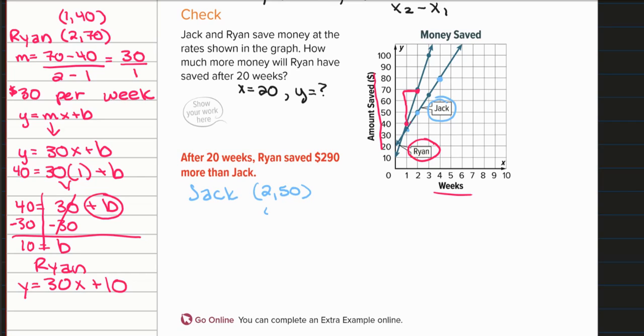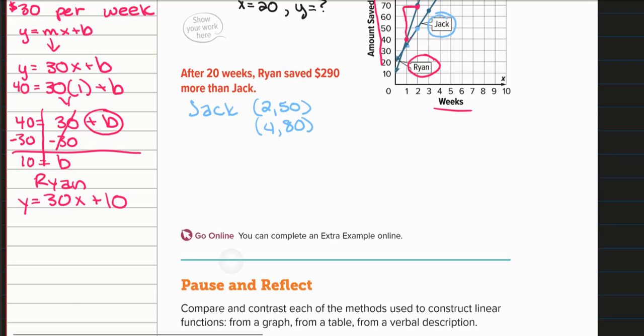So in 4 weeks, he saved $80. Whew. All right, let's figure out our slope. So our slope is going to end up being 80 minus 50 over 4 minus 2. So that equals 30 over 2, which gives us 15. So he's saving $15 per week.